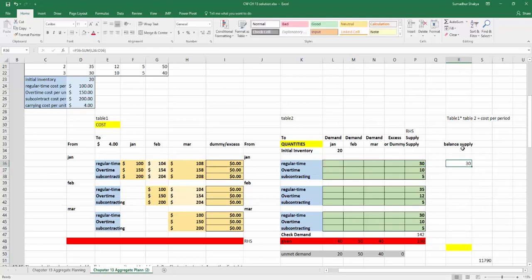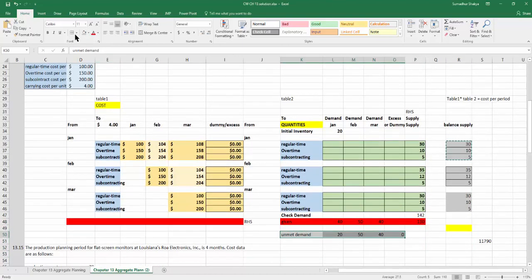So this gives me how much more can I do for that particular period in that category. Okay, and I will also color this the same. So these are my rough cells. It only helps me be accurate when I'm solving the problem. That's all it does.